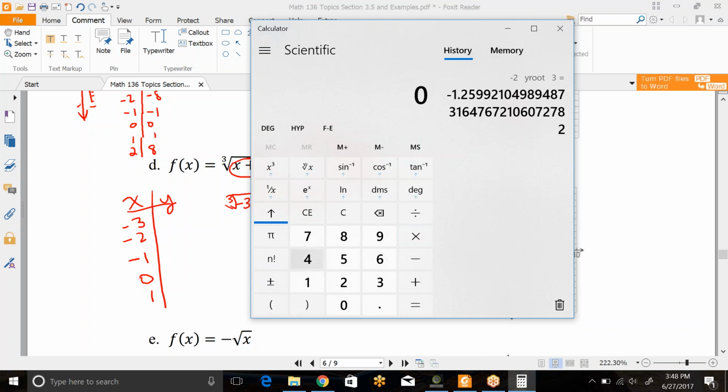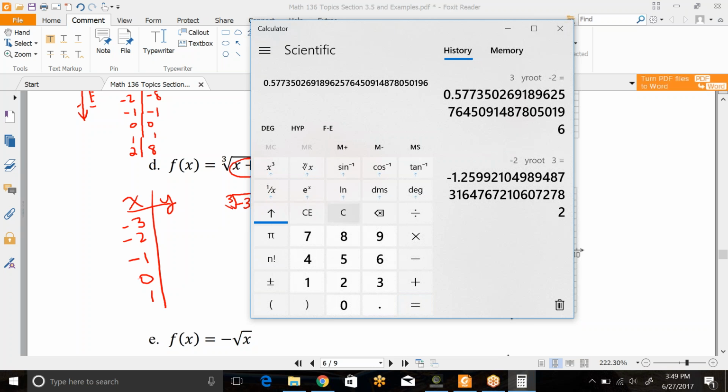I'm going to double check that. That doesn't look right. So let's do cubed root of -2. 0.577. So let's double check that. So 0.577 times itself 3 times, because sometimes this calculator is not the best because you have to enter things backwards.